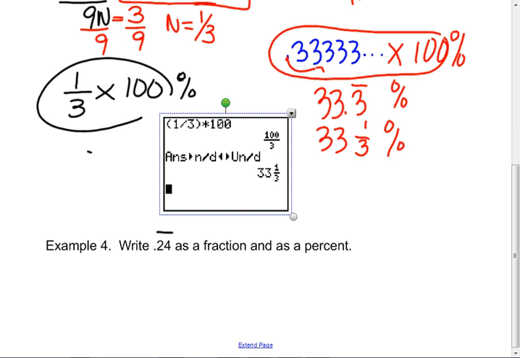It does change to 33 and a third on here. I pressed, first I did 100 thirds, and then I just went right up to the FD button, which is right above PRB, below the DRG. I did second, hit that button, and I'm sorry I don't have a calculator for my overhead here. And it came out with 33 and a third. Came out with a fraction. You might want to try that. Indeed, your calculator's not going to do the trick here.